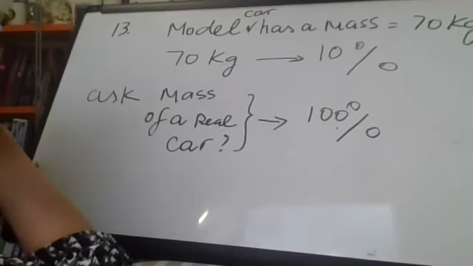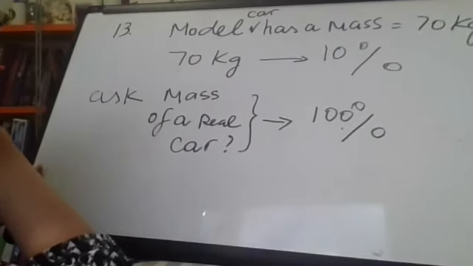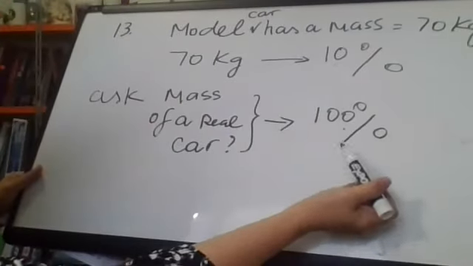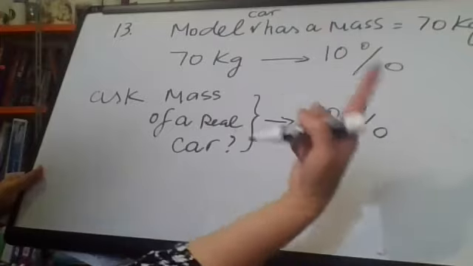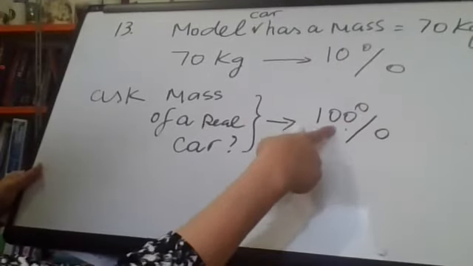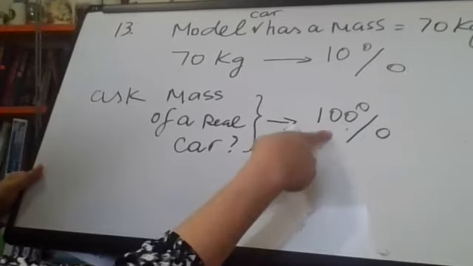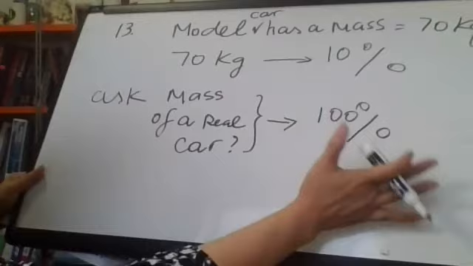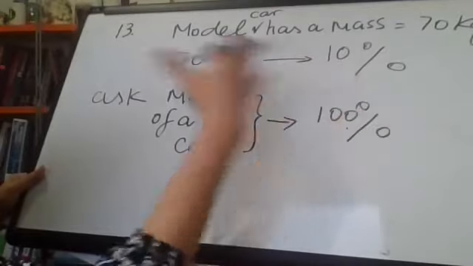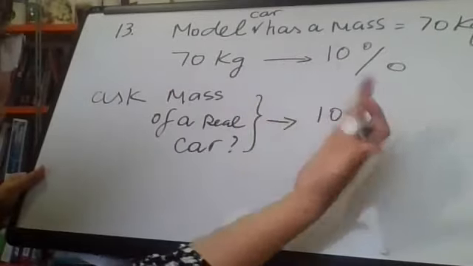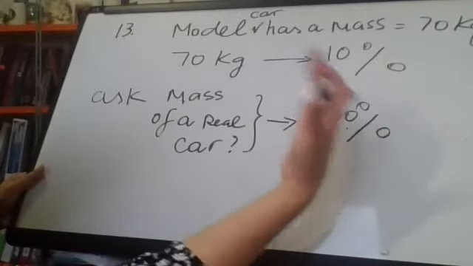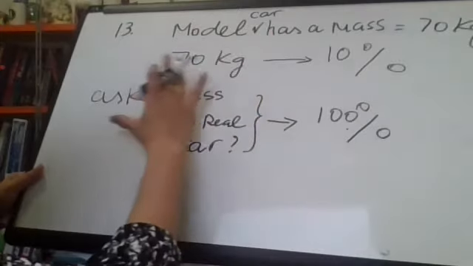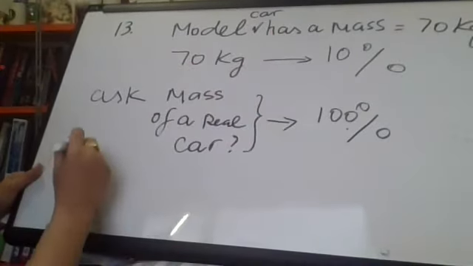To solve this problem, you will have to find the mass of 1%, and then multiply by 100 to get the mass of 100%, right? Now, you also can set this up as a ratio problem, but we haven't learned solving ratio problems.